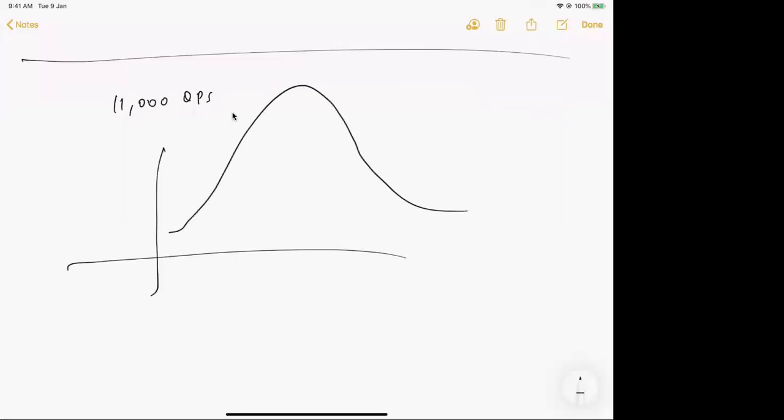So if the average was 11,000, you can very safely assume that the highest number you are going to have is double of that. So if you are trying to figure out the number of systems that you should have, you should figure it out for the peak load of 22,000. Does it make sense, folks?